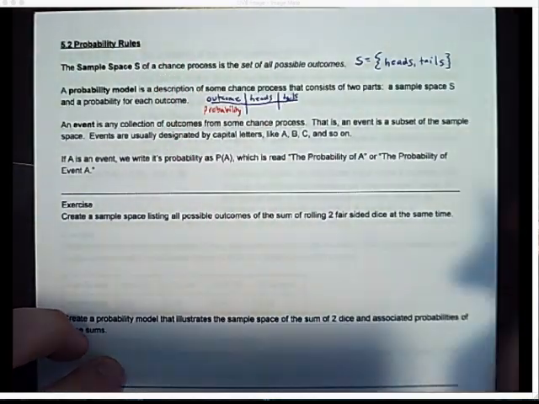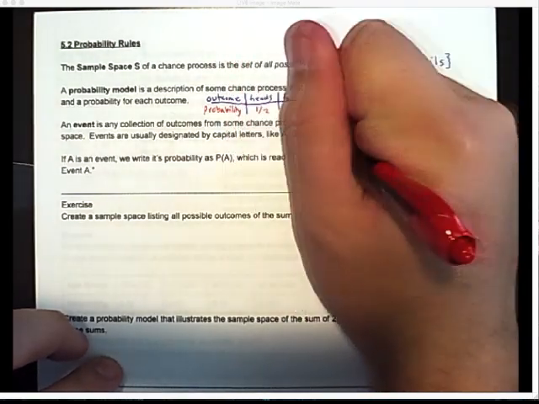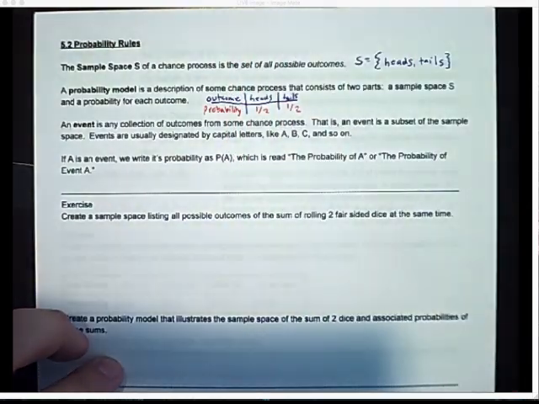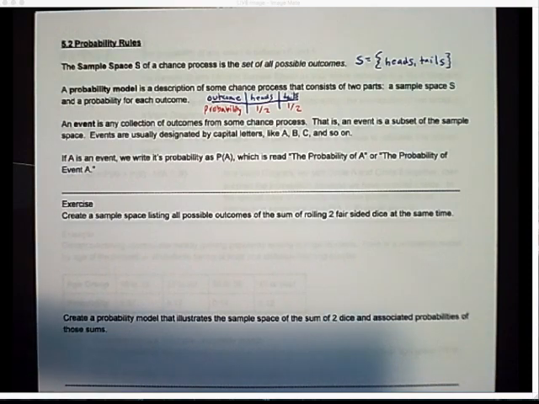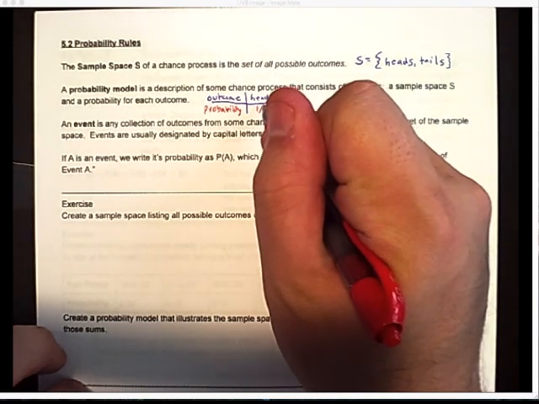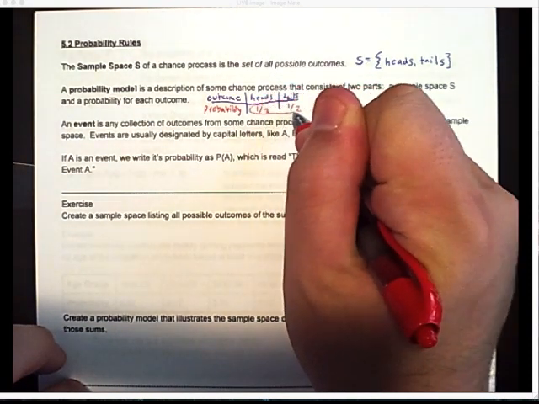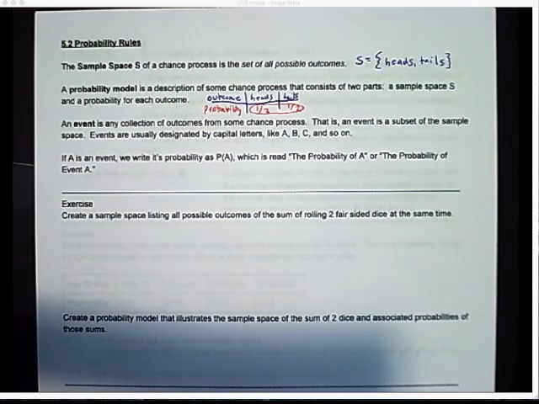The probability that I get a heads is 1/2. The probability I get a tails is 1/2. So that would be a probability model. Now what's important about probability models is the probabilities have to add up to 1. So 1/2 plus another 1/2 equals 1.